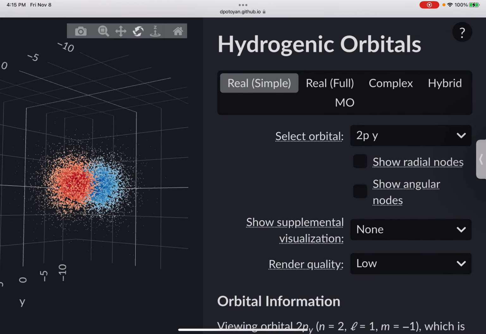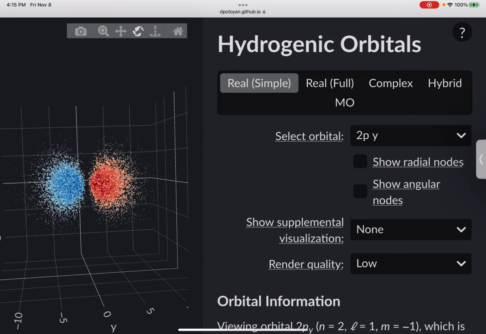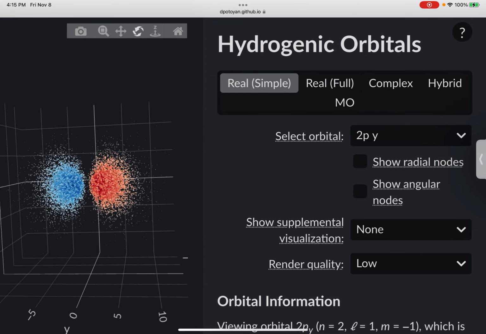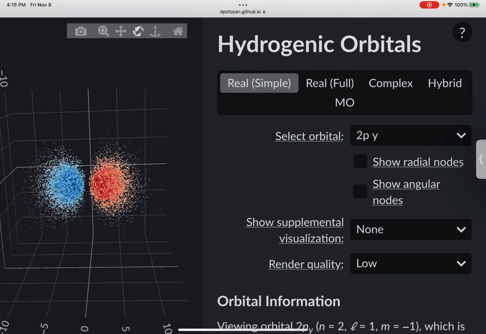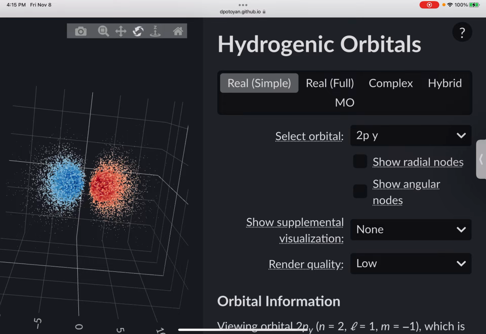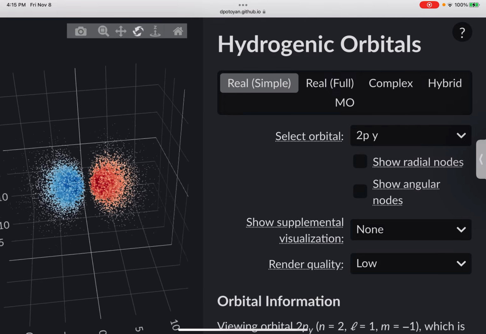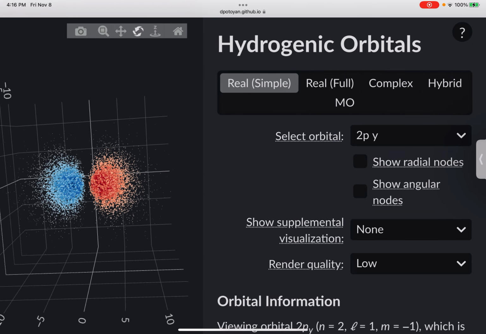Okay, and here you're seeing the cloud scatter plot visualization. You can think of each point as being a single experiment. You hit the electron with a photon, you find it somewhere, and the places where you have a high concentration of points means this is the more likely place to find the electron. You see for the p orbital, you have this nodal plane where the electron is never to be found.